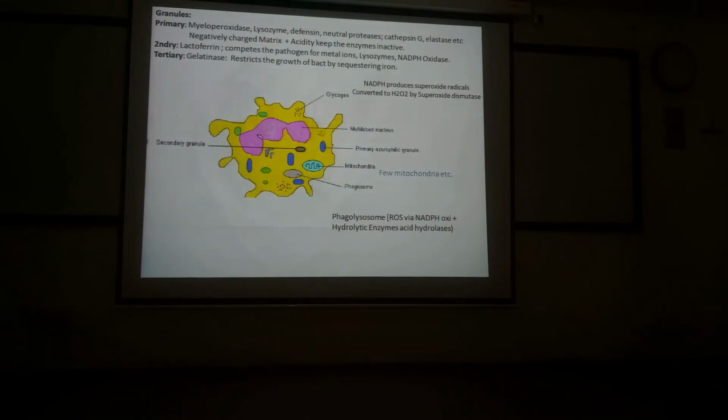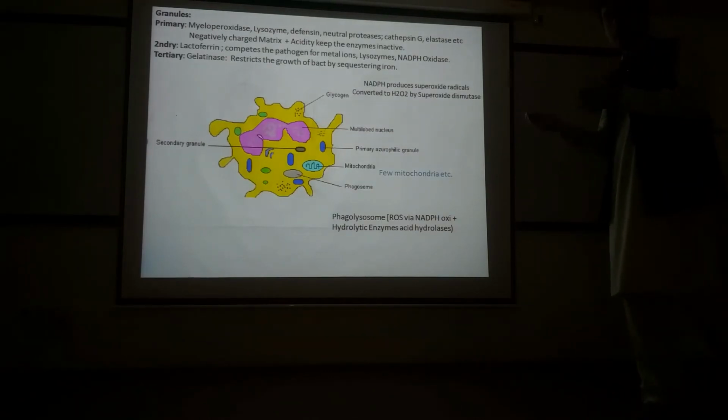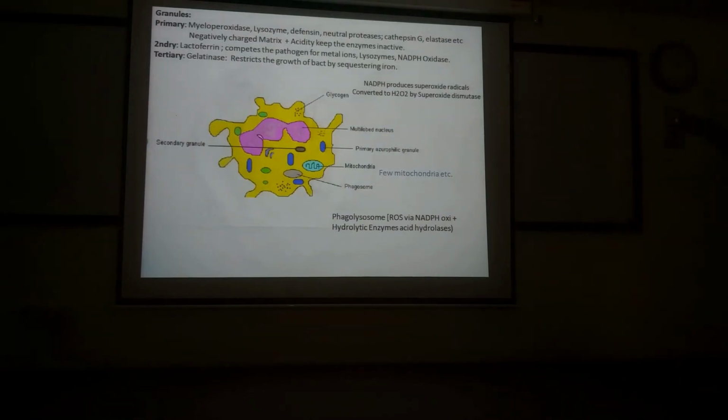Hydrogen peroxide formation takes place with the help of an enzyme which is already there inside the neutrophils, and that is the superoxide dismutase. Okay, what is the job of hydrogen peroxide?